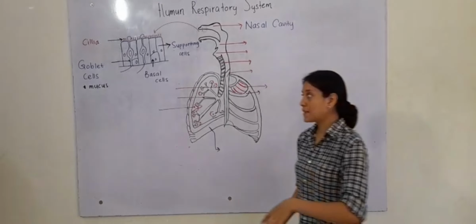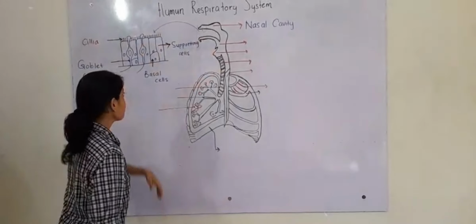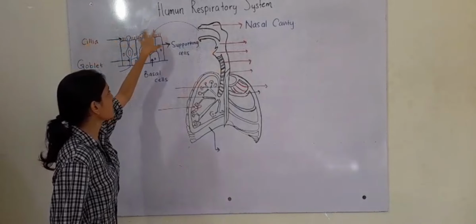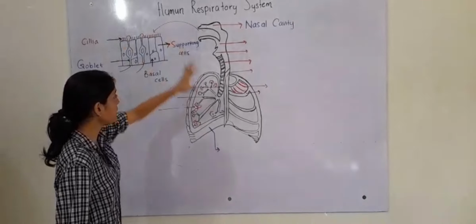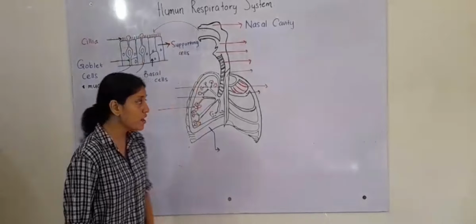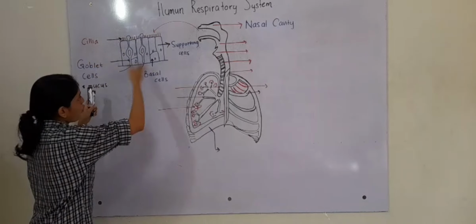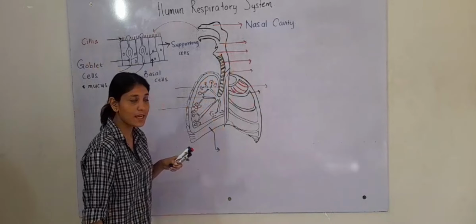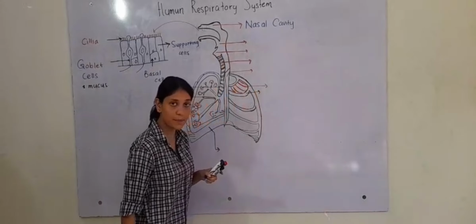When you take air into the nasal cavity, the dust particles and other harmful microbes are going to be trapped in this cilia. This cilia is a hair-like structure so that it can trap the particles. The cilia is going to push the dust particles with the mucus into the pharynx. In the pharynx it is going to mix with the saliva and be taken out from your body.